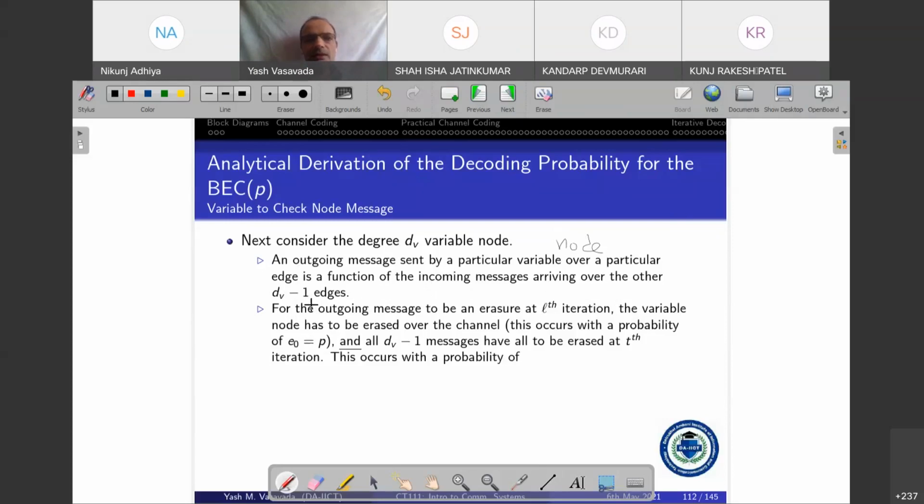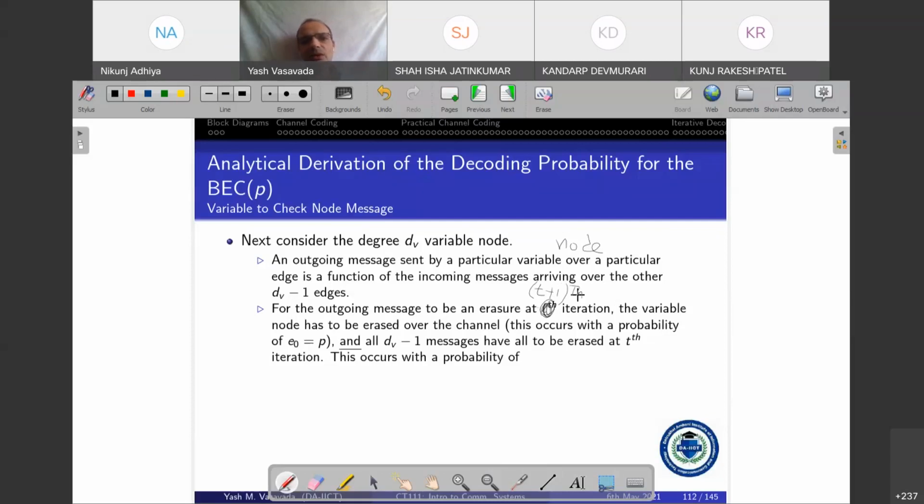Now remember, the variable node is the repetition code. And so for this outgoing message to be an erasure, sorry, not Lth iteration, it should be the tth iteration, or rather, let's call it the t plus 1th iteration, because now we are ending the tth iteration.